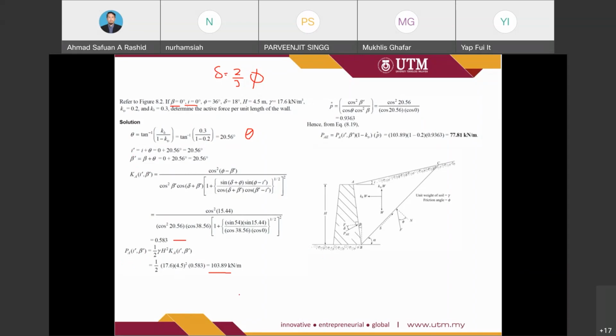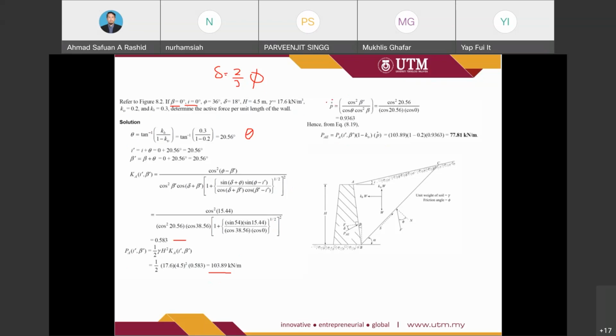If you want to compare the difference between the static and the earthquake case, you need to not include the KV and KH, which means that the theta should not be included. So this is the value of the PA.